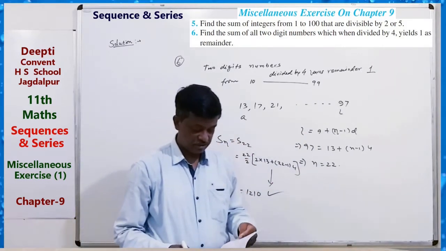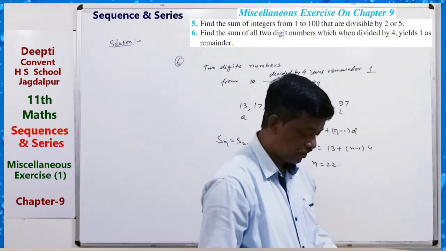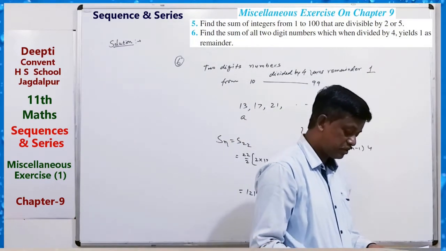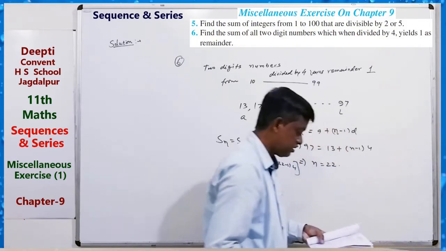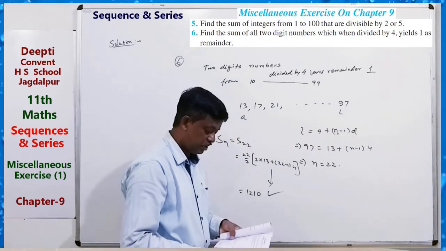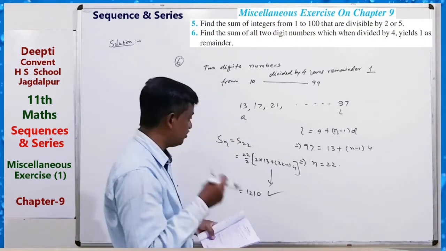Okay, now question 7. If a function satisfies the relation f(x+y) equals f(x) into f(y) for all x, y belongs to N, such that f(1) equals 3 and the sum of f(x) equals 120, find the value of n.